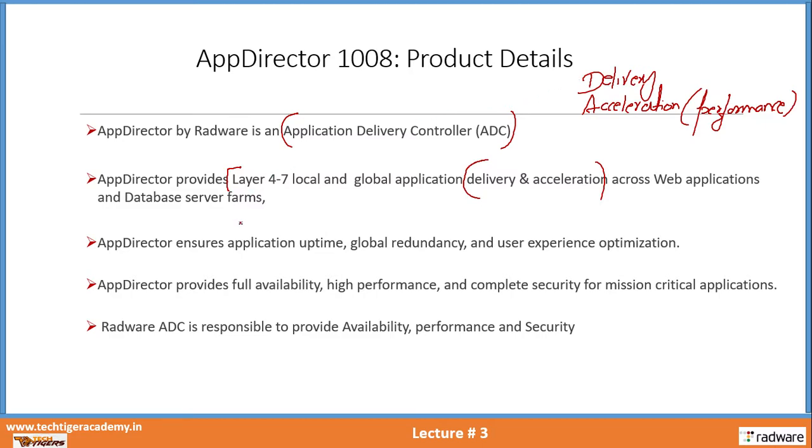App Director ensures application uptime. This is called high availability, global redundancy, and user experience optimization performance. App Director provides full availability, high performance, and complete security for mission critical applications. Radware ADC is responsible for providing availability, performance, and security. That's a pack.